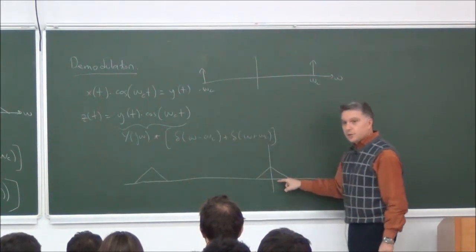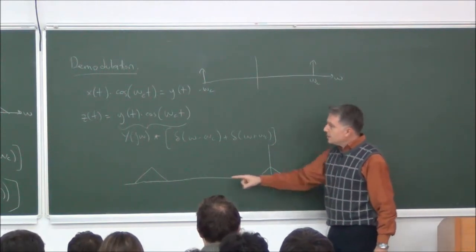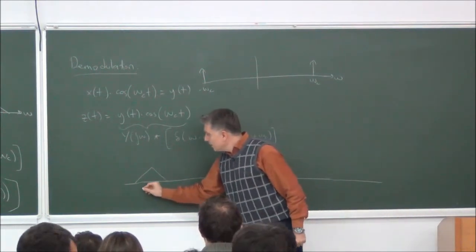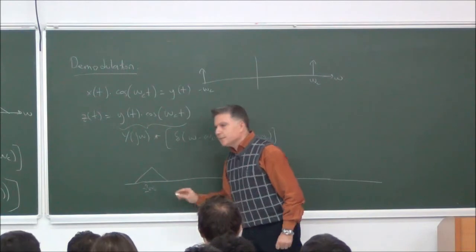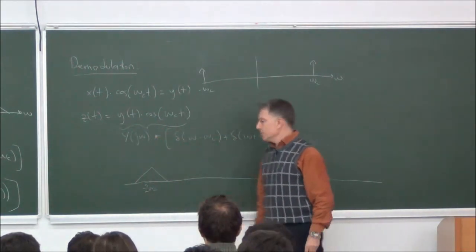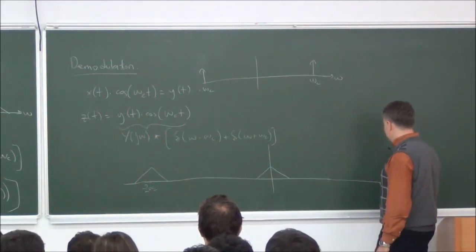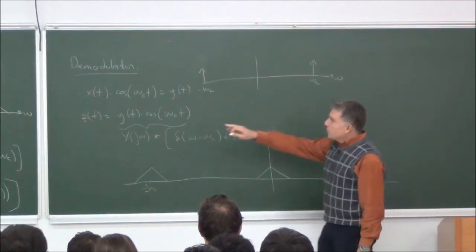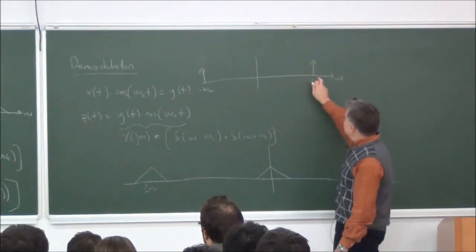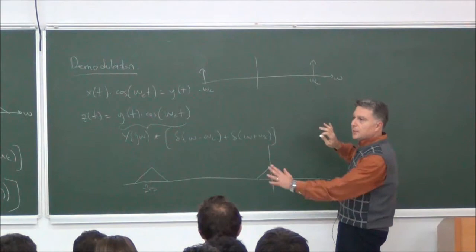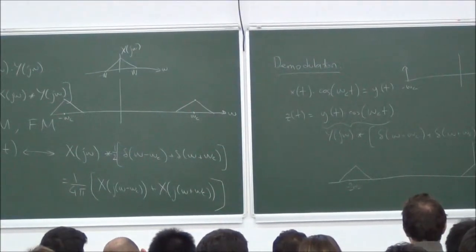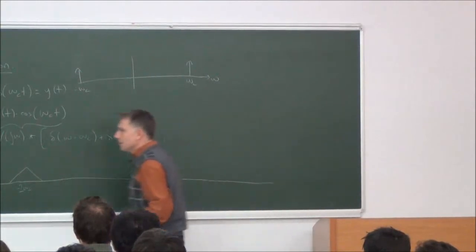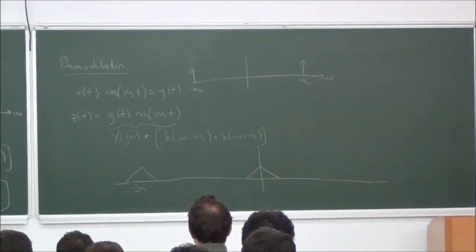This is at 0. This is at minus 2 omega c, right? Shifted further towards left. Now let's convolve those two triangles with this impulse. Then this time it corresponds to a shift to the right. And that will make, I'm looking for a colored chalk.